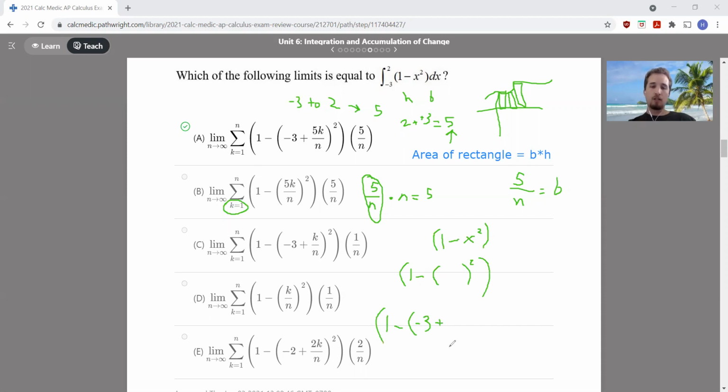And so for each x, we're adding up all the values between -3 and 2, right? So this means we're starting from the very lowest, k, and we're going in intervals of 5 over n.